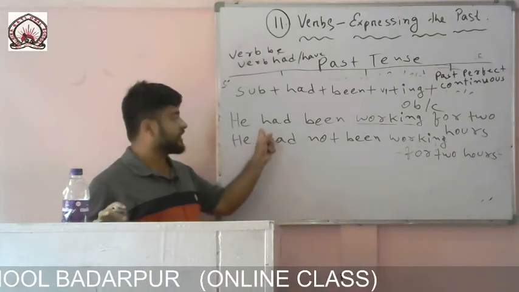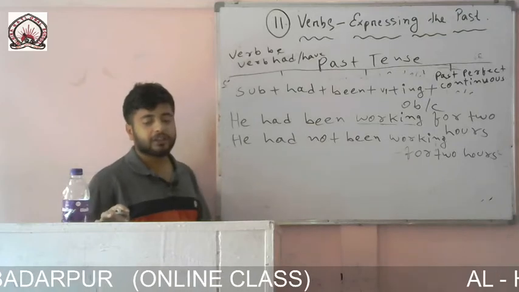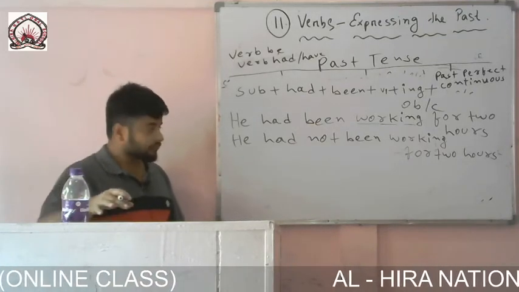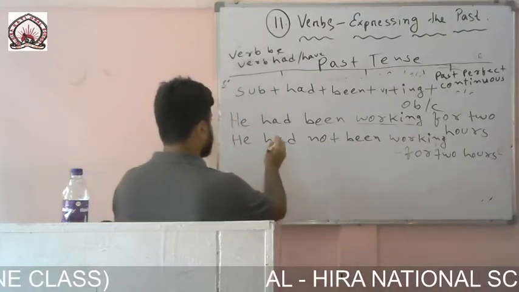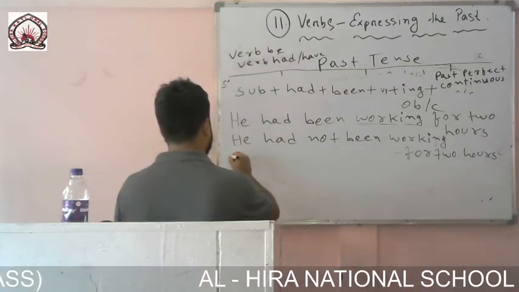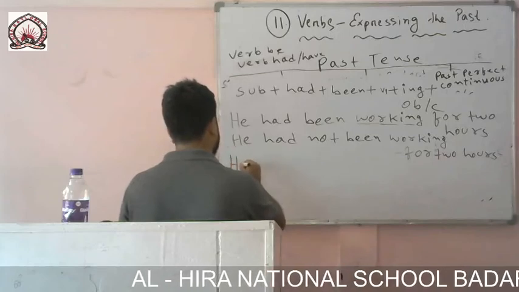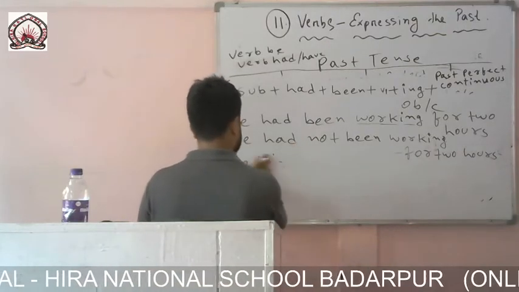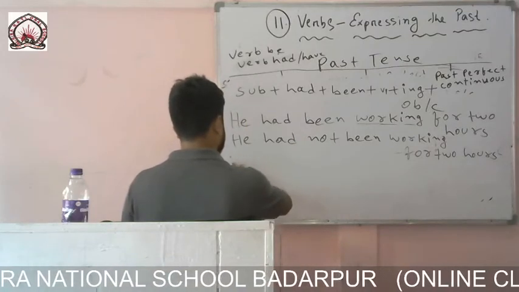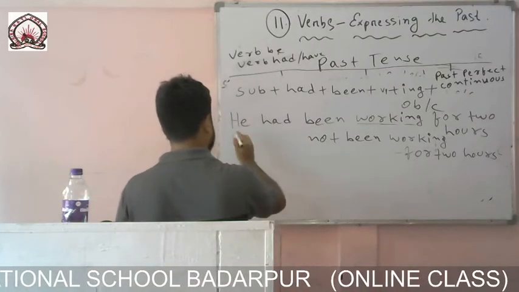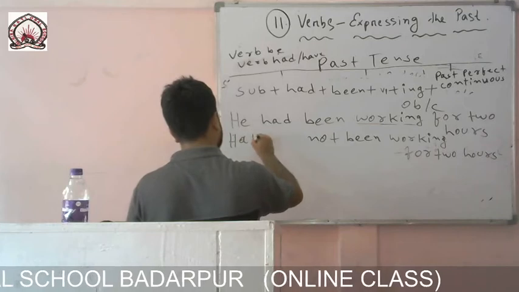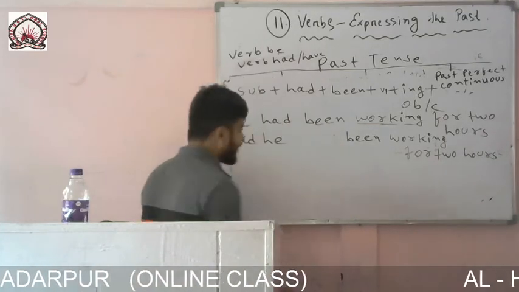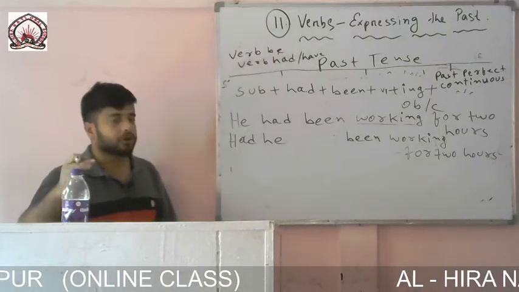Now if I want to change this sentence into interrogative, then how do I have to change? Just bring the auxiliary verb at the beginning. Had he been working for 2 hours?